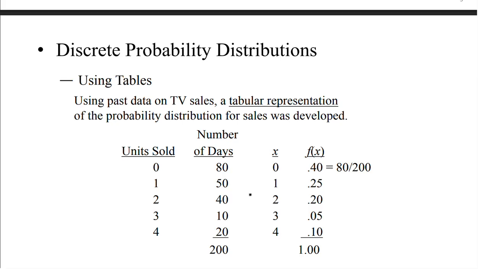So let's look at an example here. Let's talk about, first of all, TV sales. How many units of TVs were sold over the years? For the different categories of 0, 1, 2, 3, 4, we are looking at the frequency here.